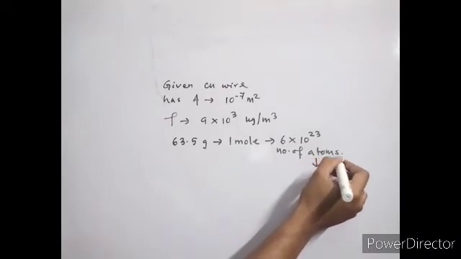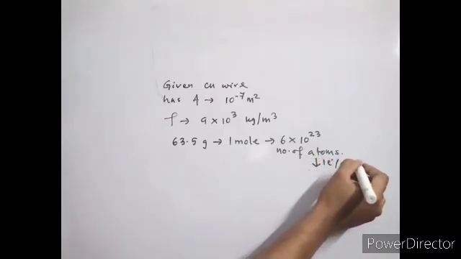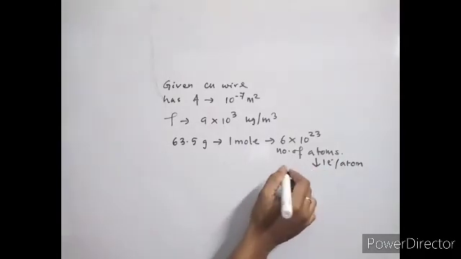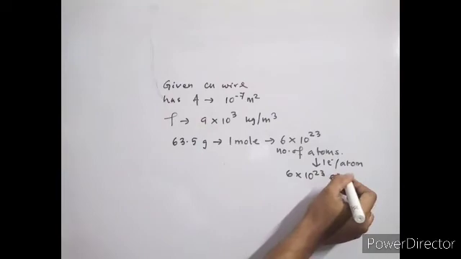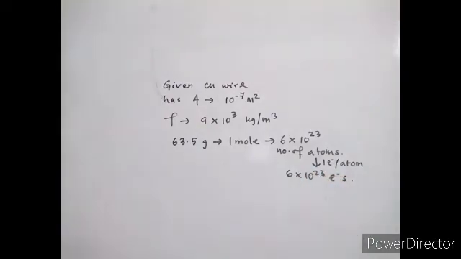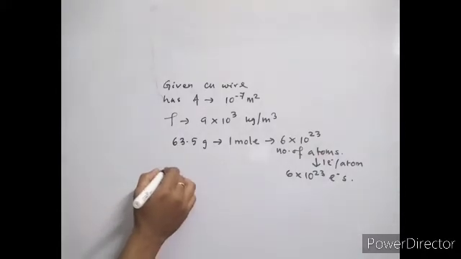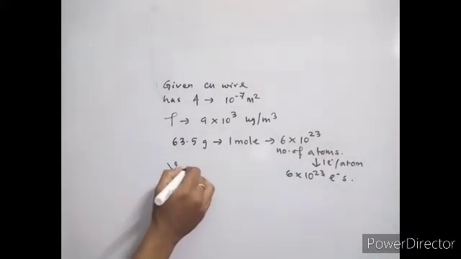Now if each atom contributes 1 electron, so we have 1 electron per atom, then we can have 6 times 10 to the power 23 number of electrons that can be contributed in a given conductor of copper of 63.5 grams.